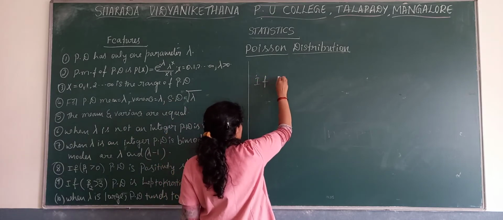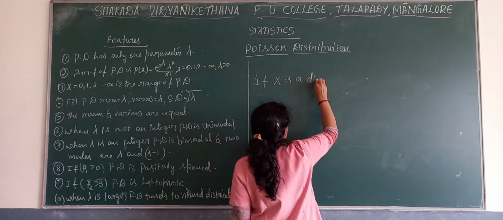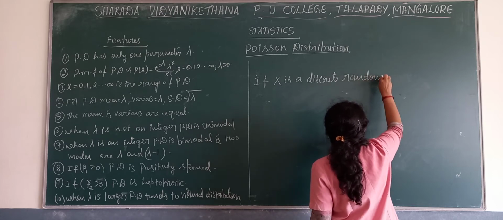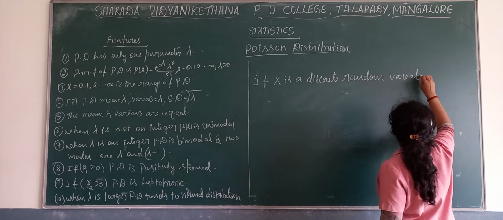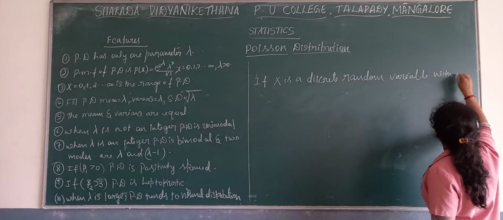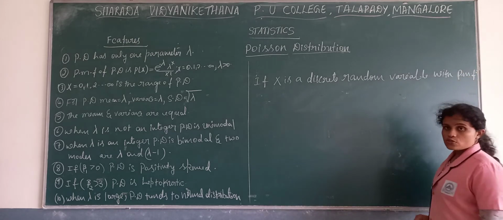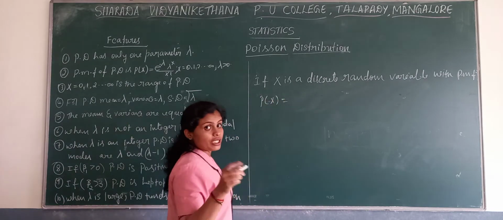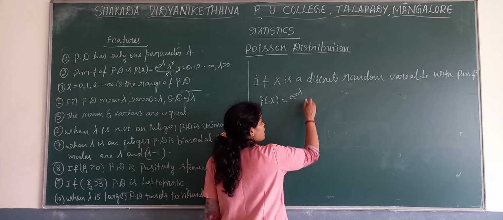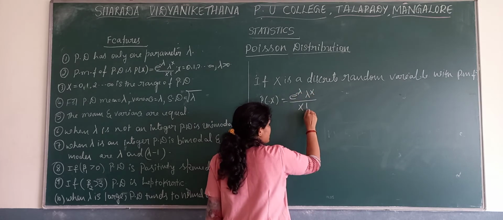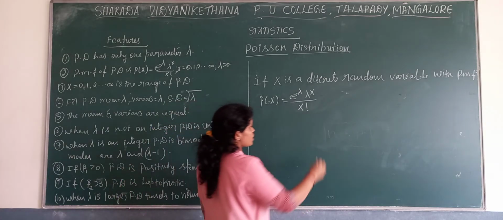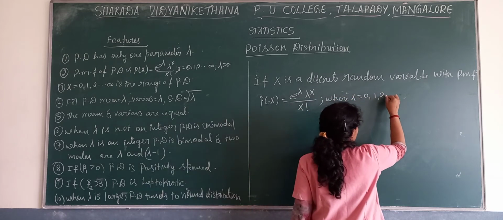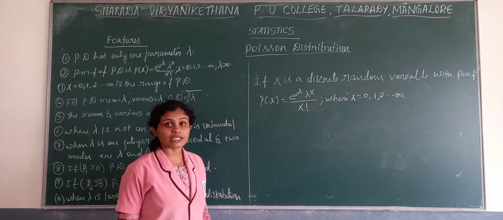Here, if x is a discrete random variable with probability mass function p of x equal to e to the power minus lambda, lambda to the power x, divided by x factorial, where x is equal to 0, 1, 2, and so on.